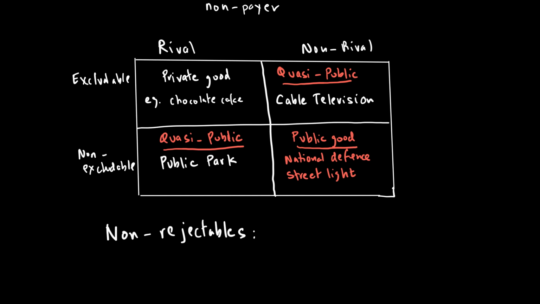So the idea that public goods are non-rejectable means that you can't reject them once they are provided because they are there. Similarly, national defense. If you're unhappy with, for example, your armed forces, but you live in that country, you can't help it because it's a public good which is non-rejectable. So once provided, you can't reject it. It's another feature of a public good that we need to remember.